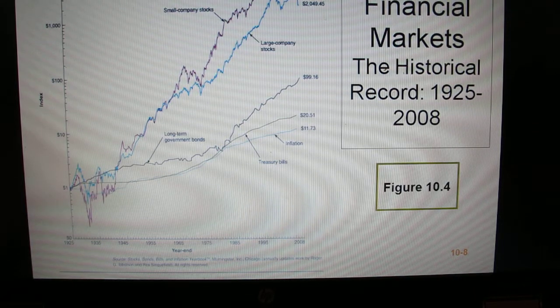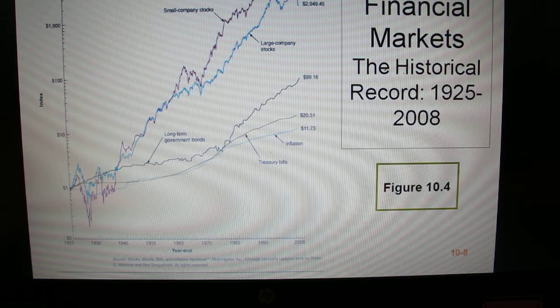You'll see long-term corporate bonds, which are high-quality corporate bonds with 20 years to maturity. You'll also see long-term government bonds, which is a portfolio of U.S. government bonds with 20 years to maturity. And then, of course, you'll see U.S. Treasury bills, which is a portfolio of T-bills with 3 months to maturity.